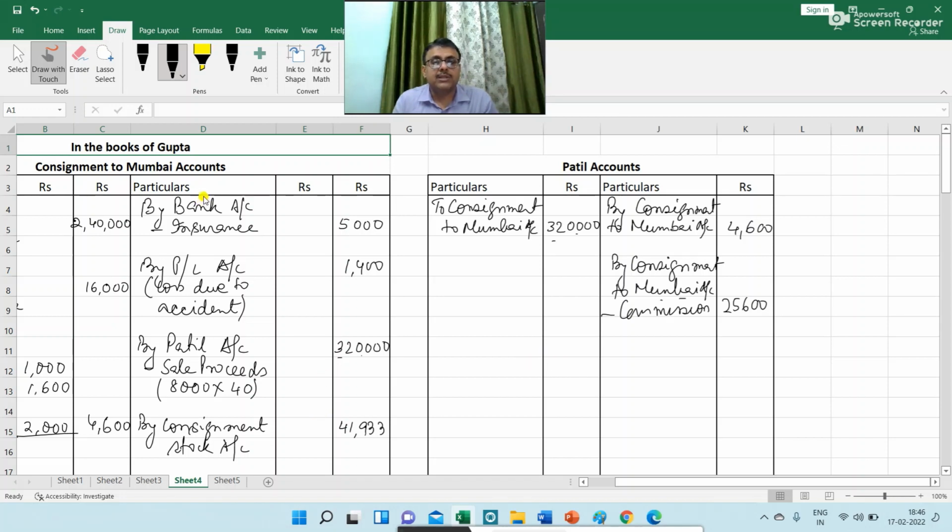And we are preparing the account in the books of Mr. Gupta. So this balancing figure is basically the amount which is receivable from Mr. Patil. So Patil is basically a debtor in the books of Mr. Gupta. So by balance c/d, I am writing here 2,89,800. So total of both sides is 3,20,000 and 3,20,000. This is the amount that has to be remitted by Mr. Patil to Mr. Gupta.